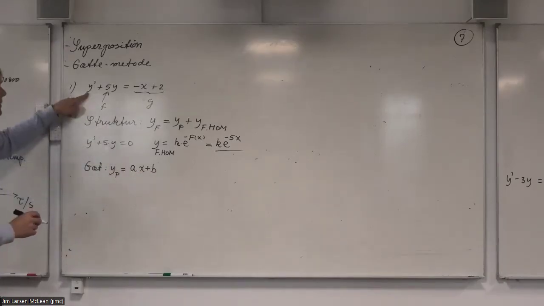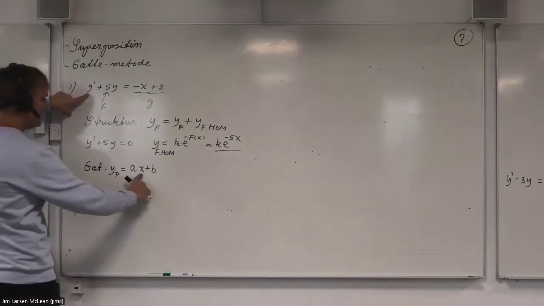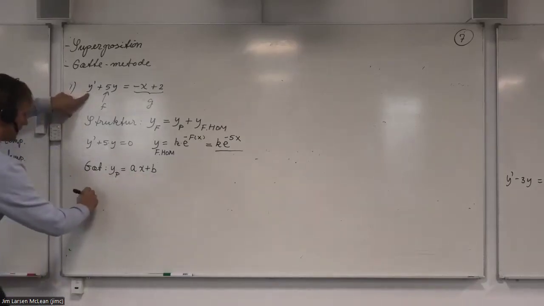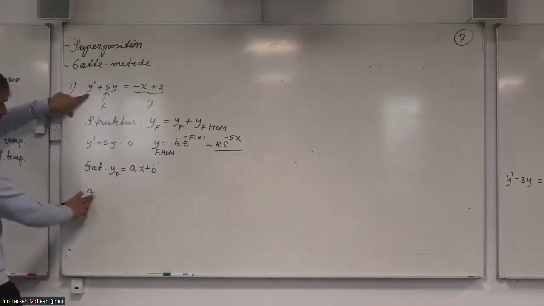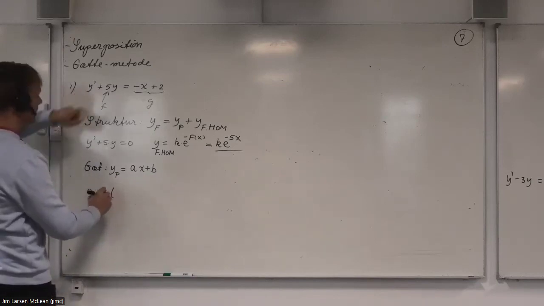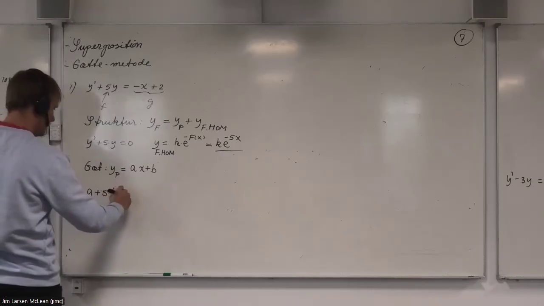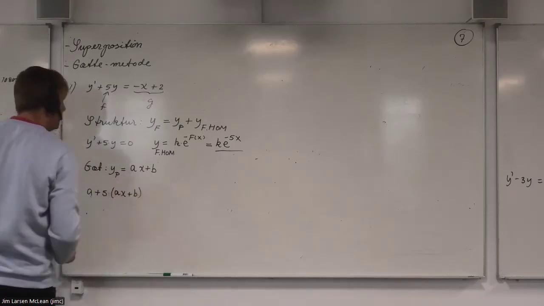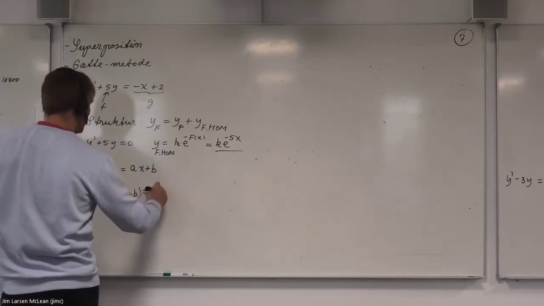And now I substitute my guess into this differential equation here above to find a and b. So I begin by differentiating my guess. What does differentiating ax plus b give? It gives a. So it should be placed on the y prime spot, plus 5 times my guess y, but my guess y was a times x plus b. And it must be equal to negative x plus 2.